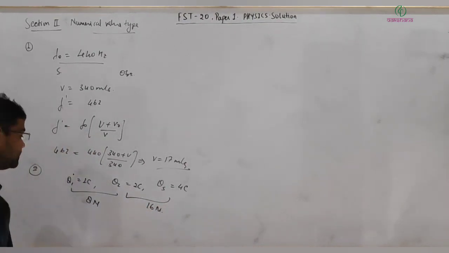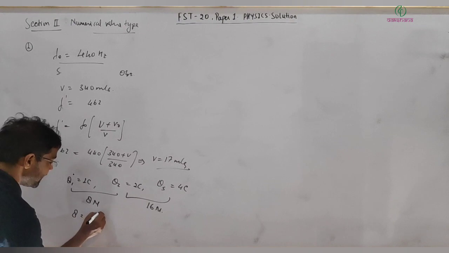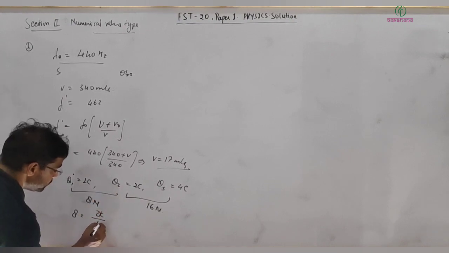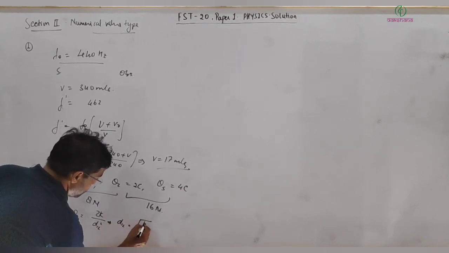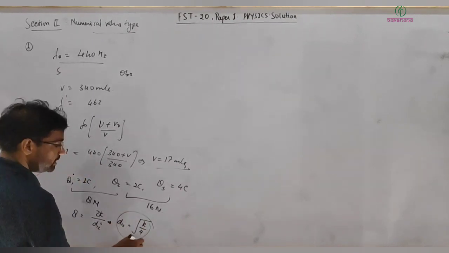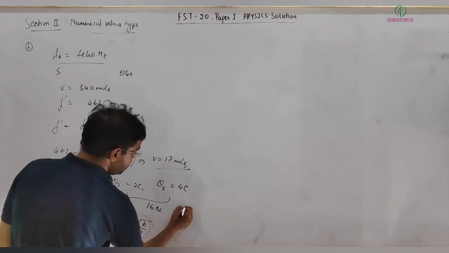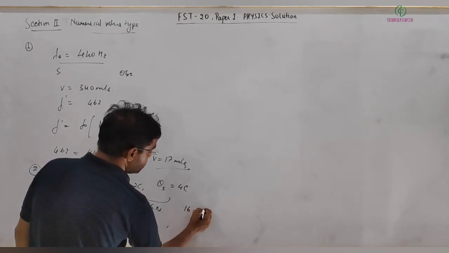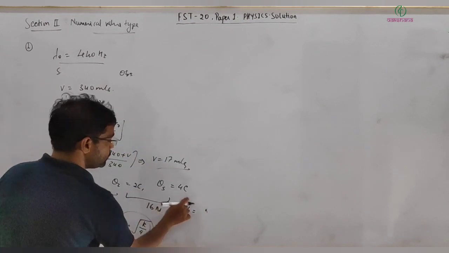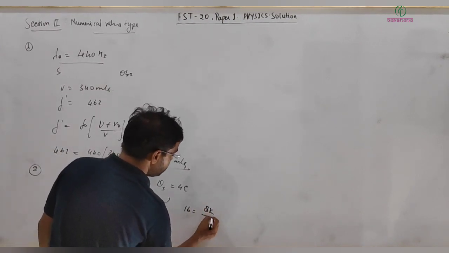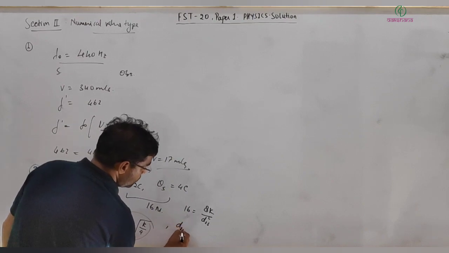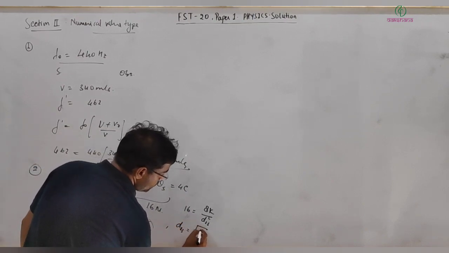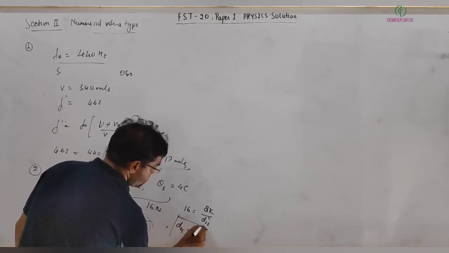So some separation will be there. 8 Newton can be written as K Q1 Q2, so this is 2Q divided by D12 square. This implies D12 is equal to under root K divided by 4. Similarly, 16 is this into this, so it's 8K divided by D23 square. This implies D23 is equal to under root K by 2 separation.